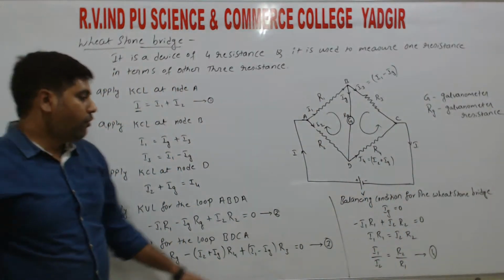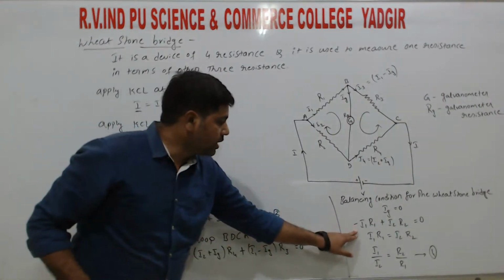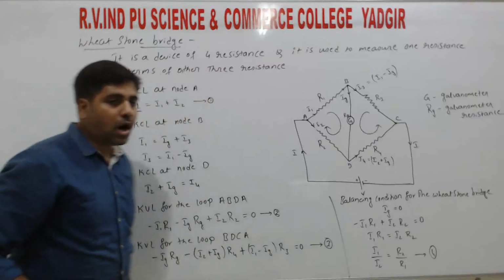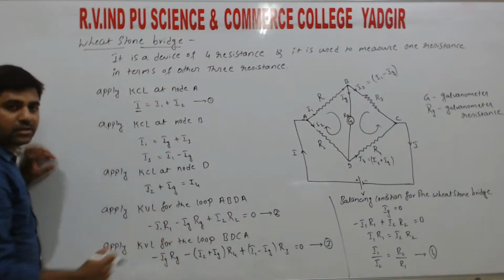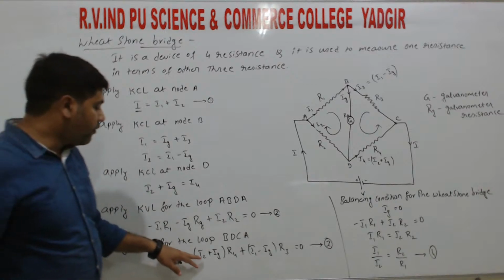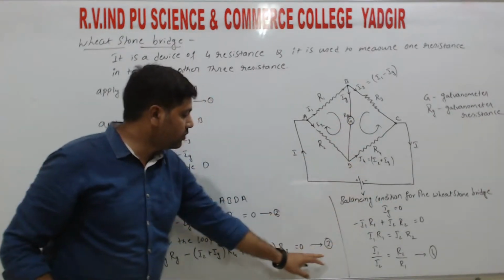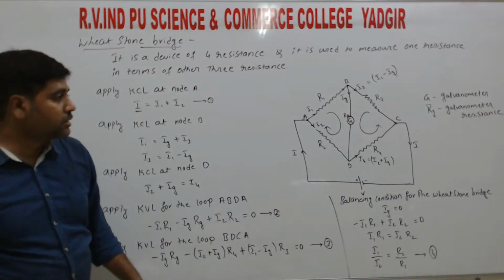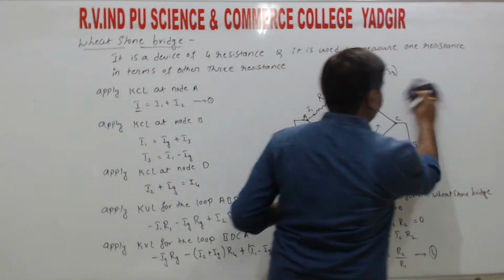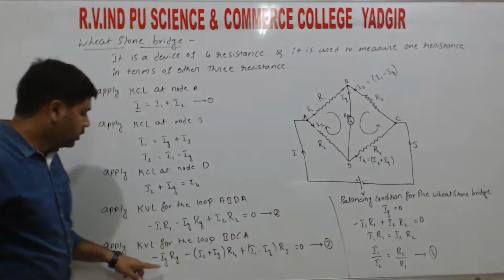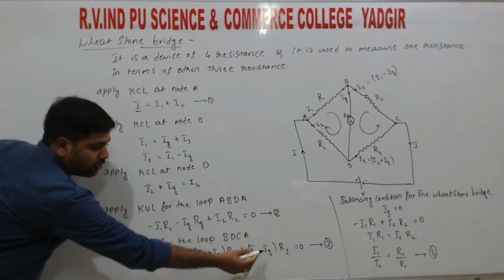So when Ig is equal to 0, equation 2 becomes minus I1 R1 plus I2 R2, because the current flowing through the galvanometer is 0. In the same way, equation 3: wherever Ig is there, we put the value 0.